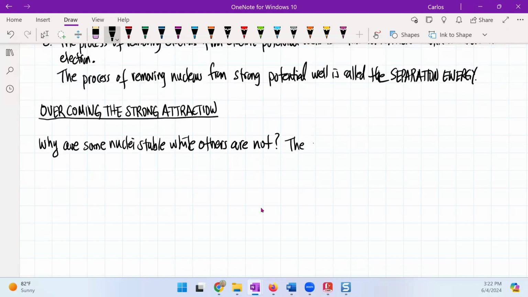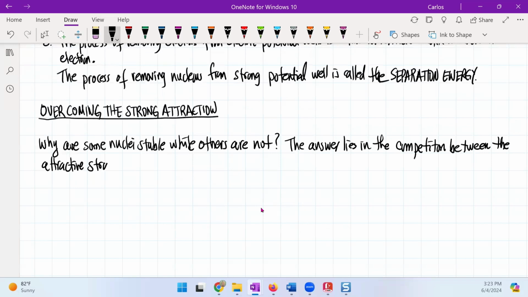The answer lies in the competition between the attractive strong versus the repulsive electrical forces.